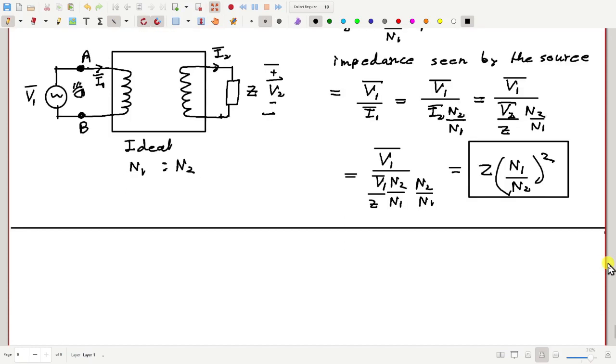Now, a transformer is an equipment which is transforming voltage from right side to left side in this way.